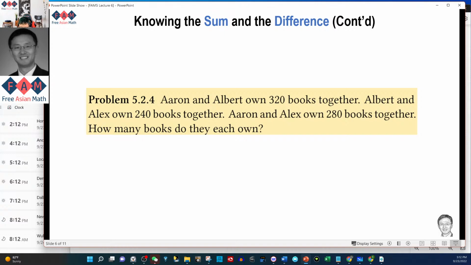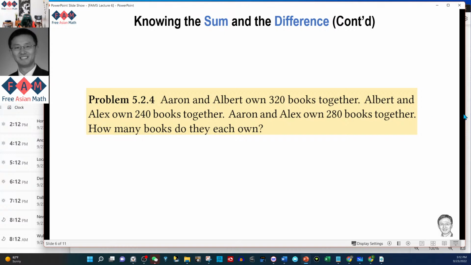Why? Because in both cases they contain the number of Albert's books. So when we subtract the second one from the first one, that component got canceled out. So the net difference between those two must be exactly the same as the difference between Aaron's books and Alex's books.